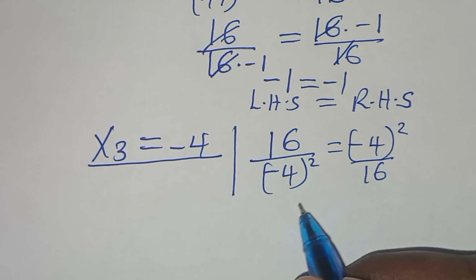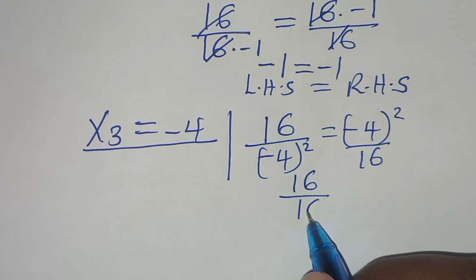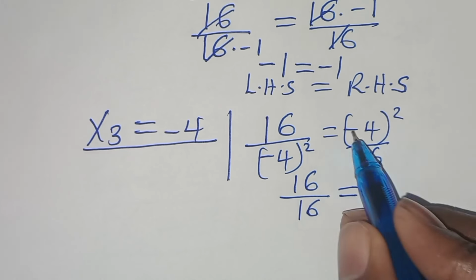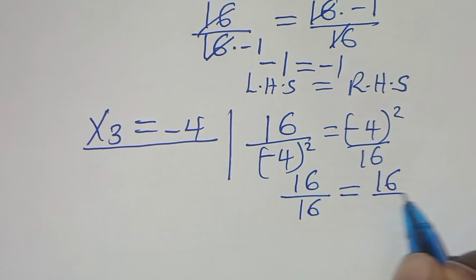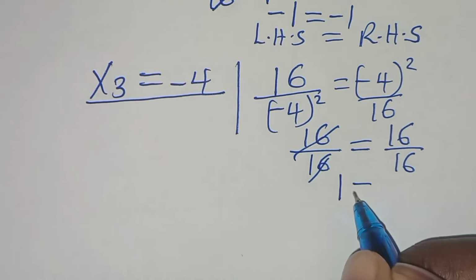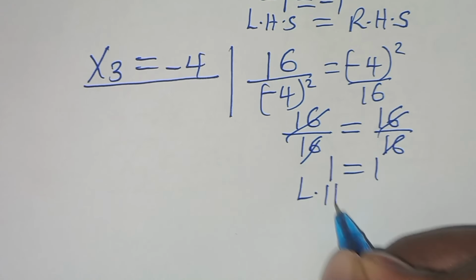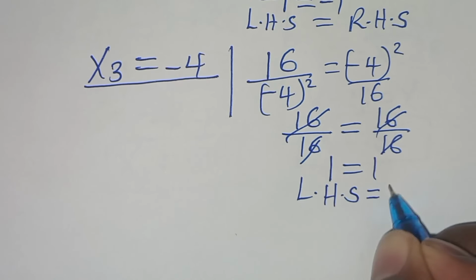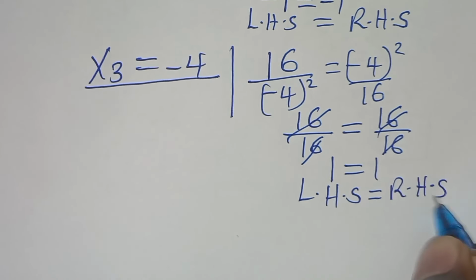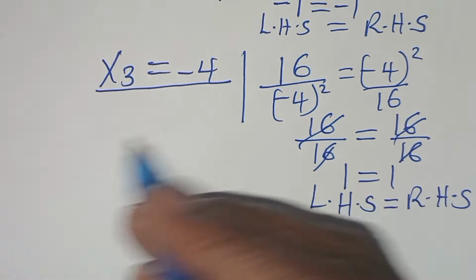So here we have 16 divided by (minus 4) squared, which is 16 over 16. If you simplify here, we have 1 is equal to 1. So the left hand side is equal to the right hand side, and that proves that x3 satisfies the equation.